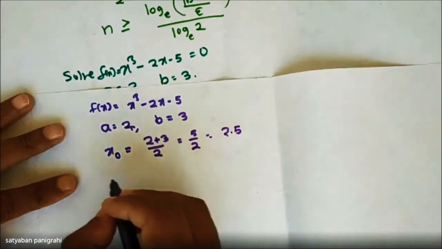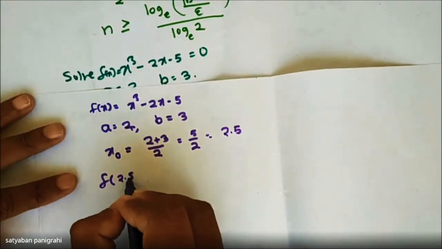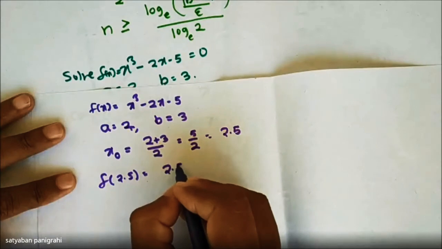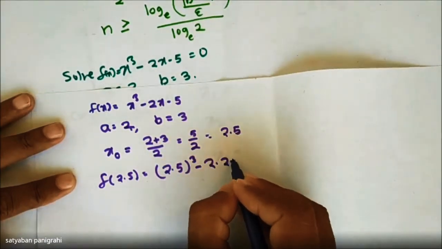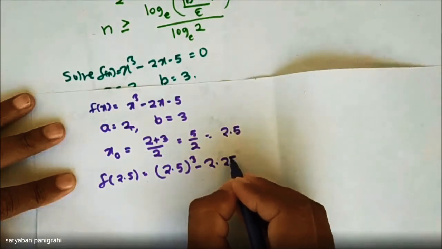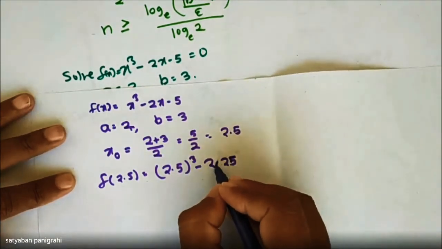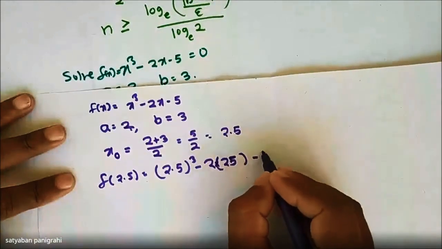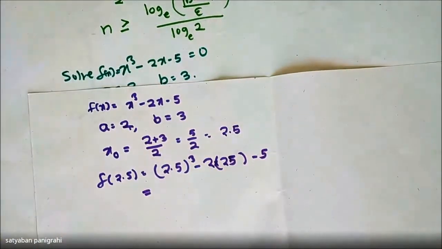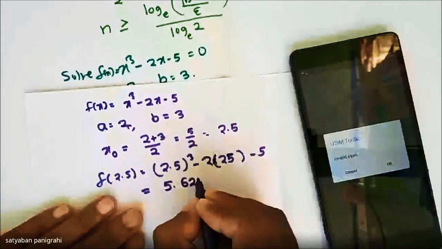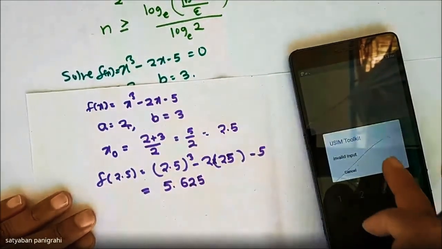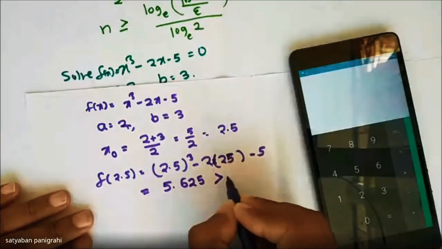Now f of 2.5 will be 2.5 whole cube minus 2 into 2.5 minus 5. This gives 5.625. Now this is positive.